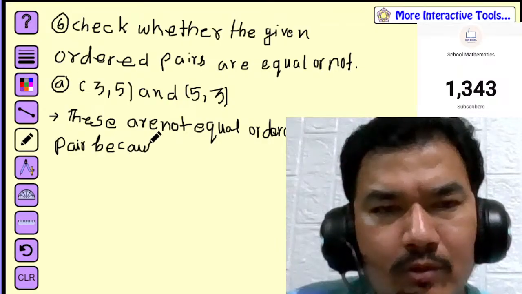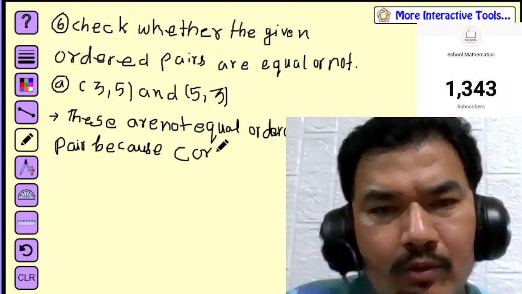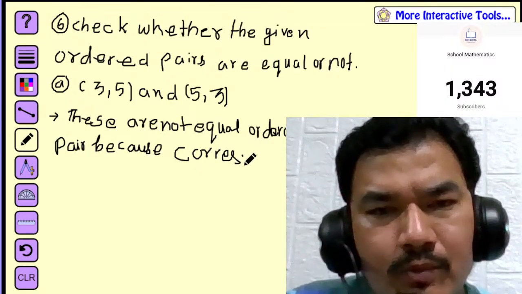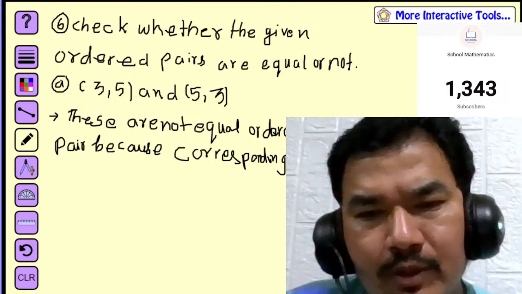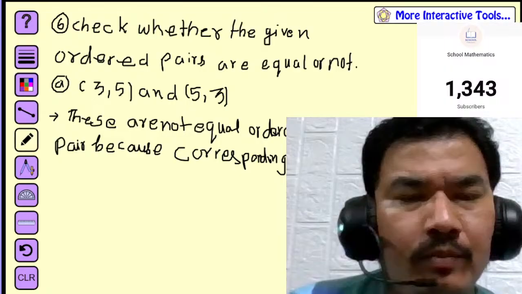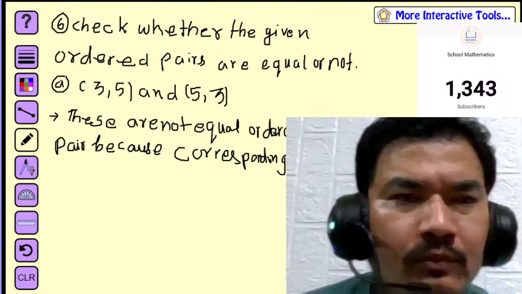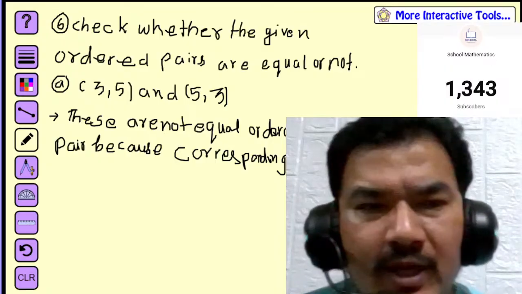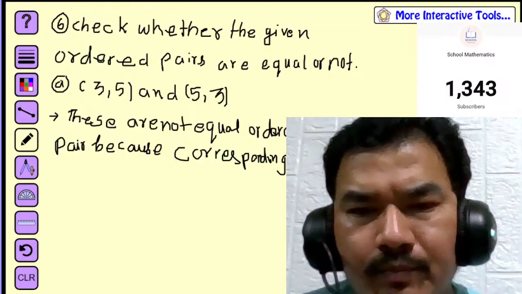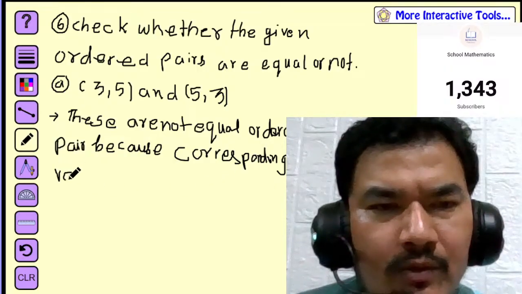You can write here that the corresponding values of the ordered pairs are not equal.